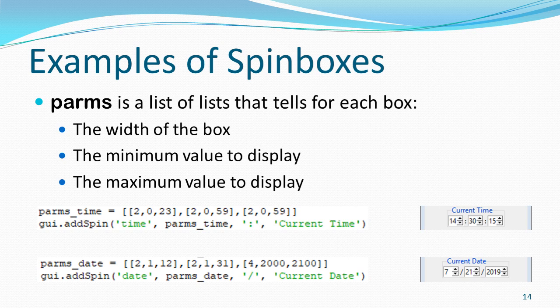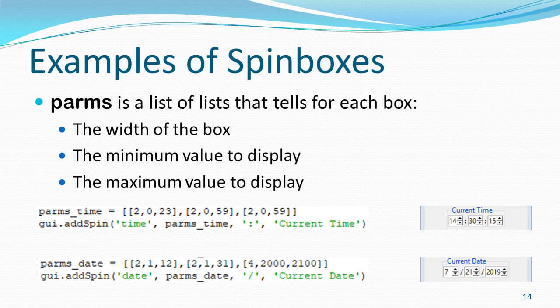Of course, that is what you would expect for a 24-hour clock. The next box is 2 characters wide, starting at 0 and ending at 59. And of course, that's going to be for the minutes. And then the last one, 2 characters wide, starting at 0, ending at 59. That will be for the seconds.